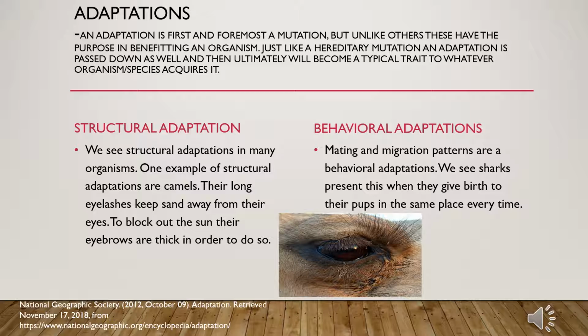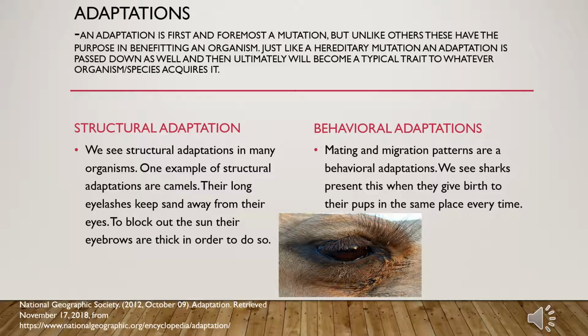And now we're going to take a look at behavioral adaptations. These are not really seen within the organism's body, but in the way they behave, hence behavioral adaptations. These can be mating and migrating patterns. I gave the example of sharks. I love watching Shark Week, and something that I learned from there is that every single time they mate, they go back to the same spot.